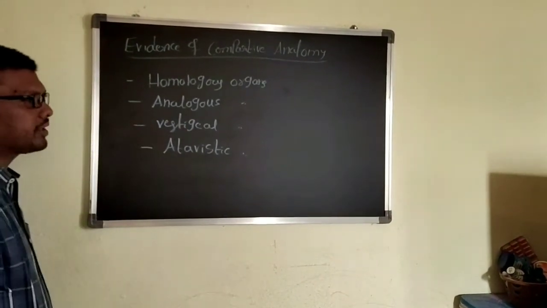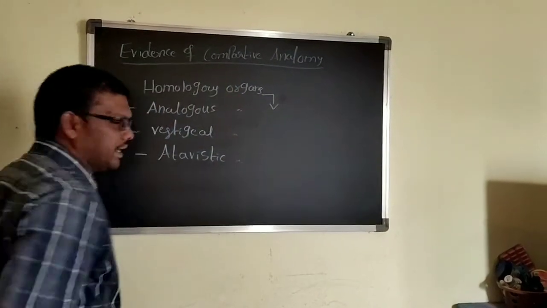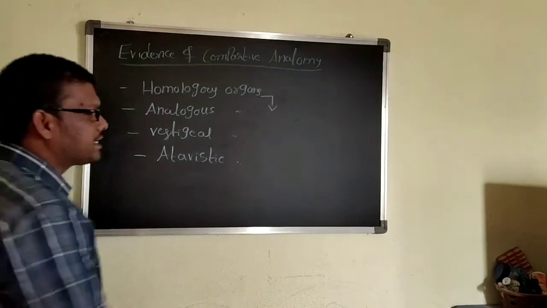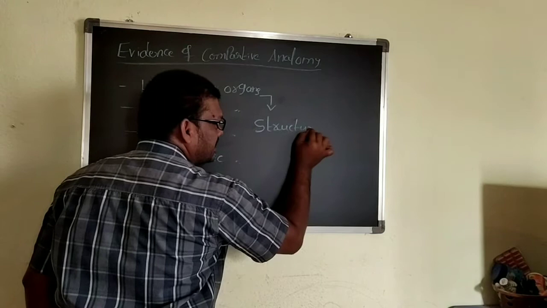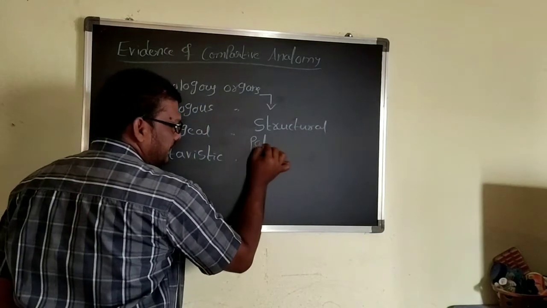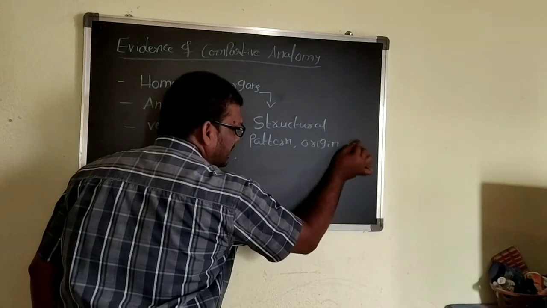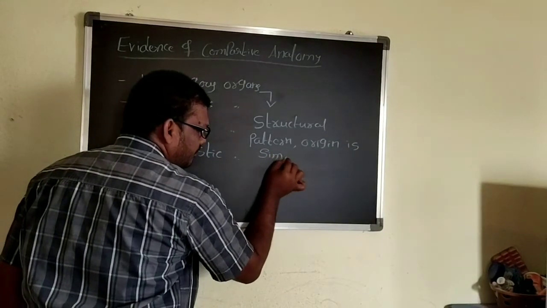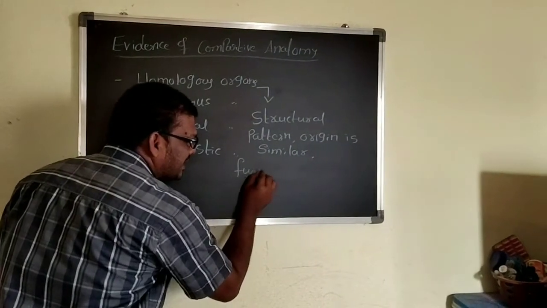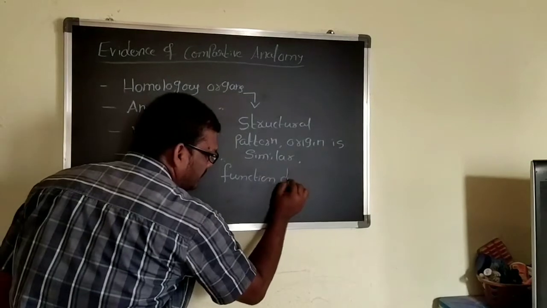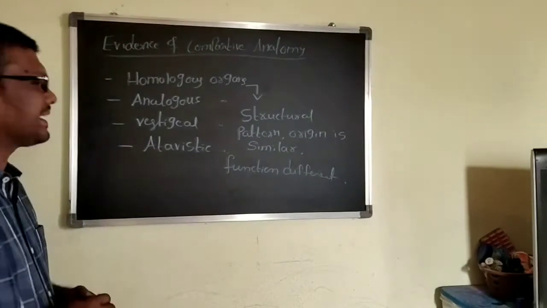Now first we go for the homologous organs. What is meant by homologous organs? Homologous organs means the structural pattern and origin are similar, but the function is different due to the environmental condition.